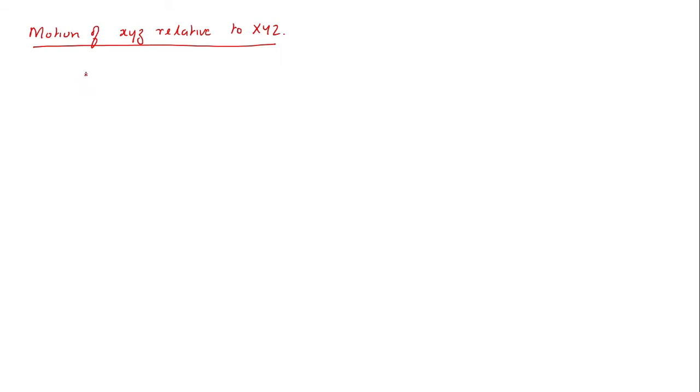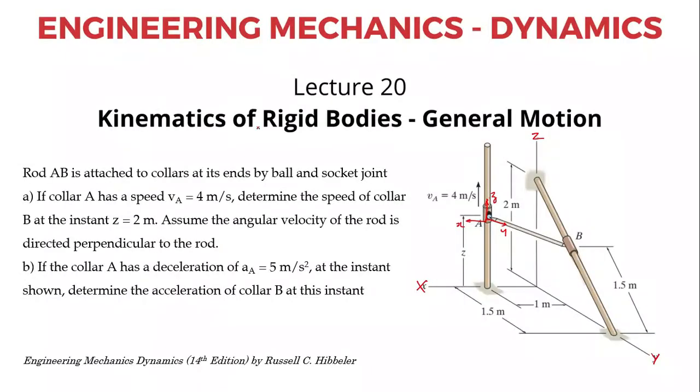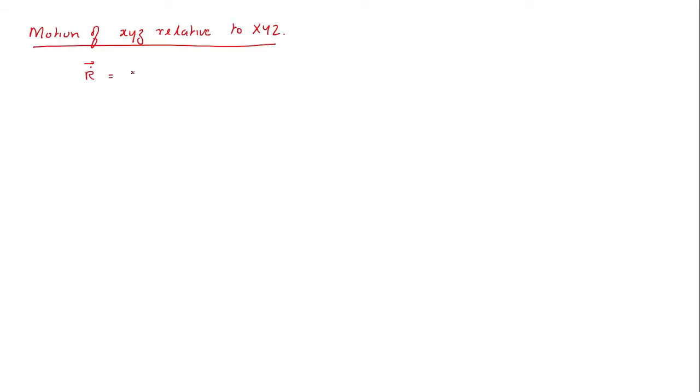So first, r dot vector will be equal to, now in the figure you see this collar is moving with a velocity 4 meter per second with respect to the fixed coordinate in the upward direction. So I can say that the xyz reference frame is moving with a velocity 4 meter per second relative to the fixed reference capital XYZ. So this r dot will be equal to 4k meter per second.